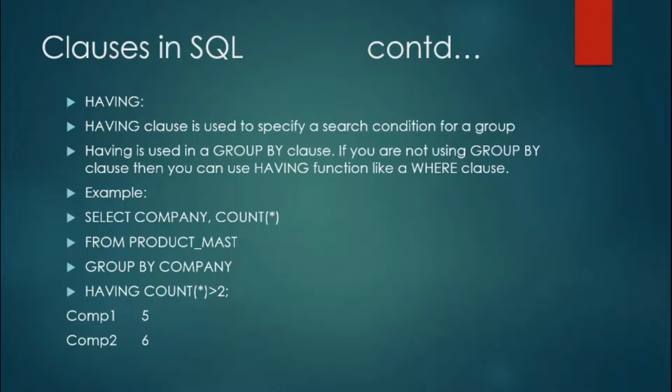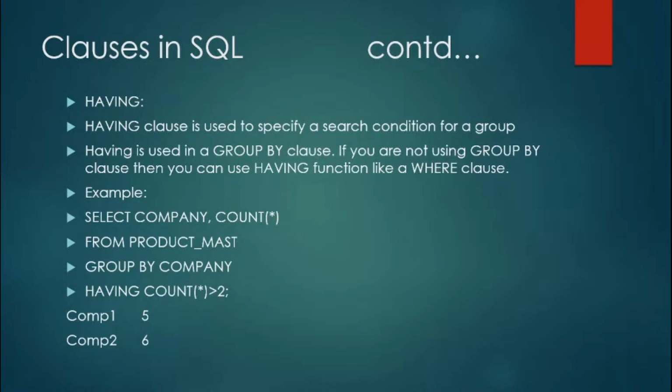They will ask you the difference between having and where. The answer is that where is used to filter the records and having is used to filter the groups. Having is used to specify a search condition for a group, and it is used with the group by clause. If you are not using group by, you can use having like a where clause.